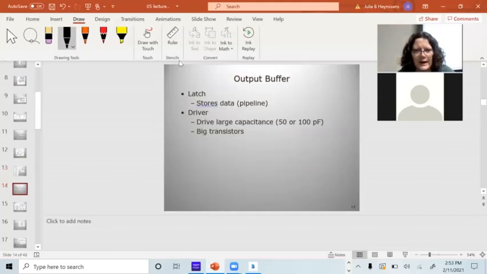Okay, the output buffer. The output buffer is going to be a latch. It's going to store data and pipeline that out to the output.